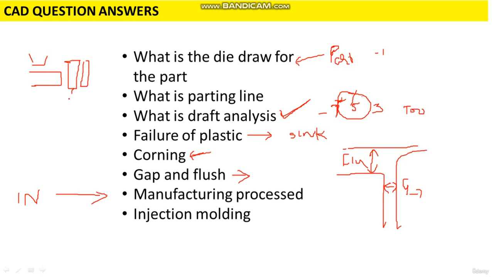In the cavity we keep the A surface, and the core is movable. After ejection, the core will move this side and the part will eject with the ejector pins. So your answer: A surface on the cavity side.